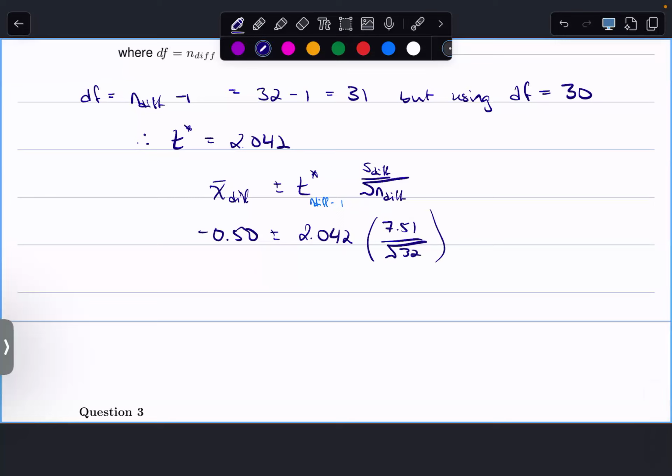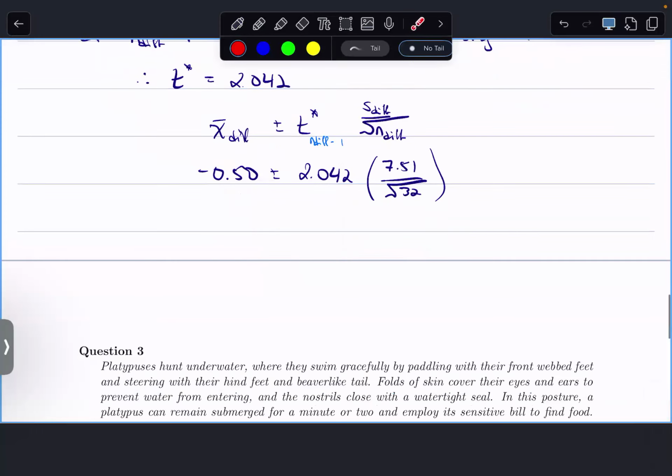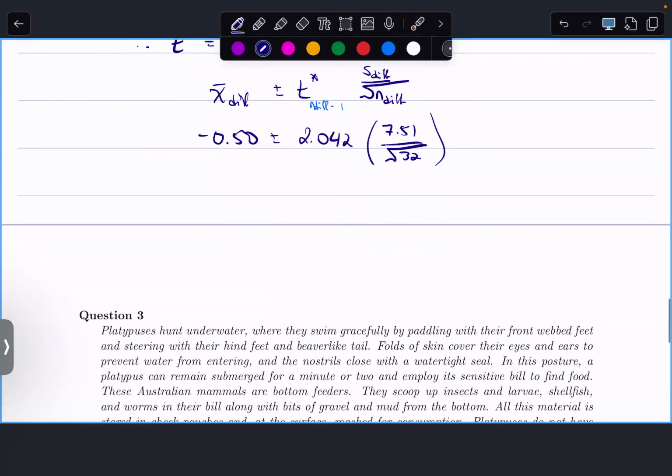Do a little bit of math. Let's start with 7.51 divided by the root of 32, times 2.042. I get a margin of error: negative 0.50 plus minus 2.710944869 milliliters.